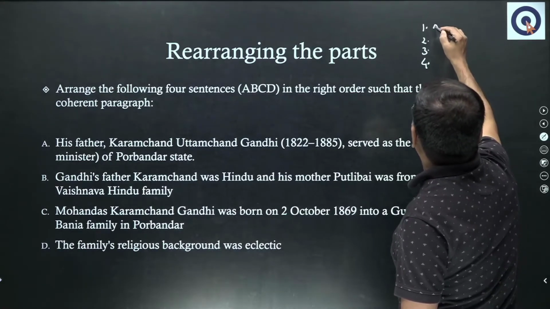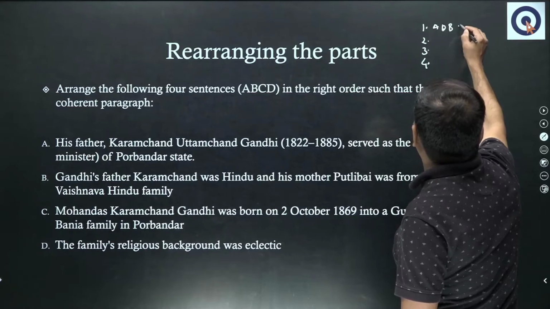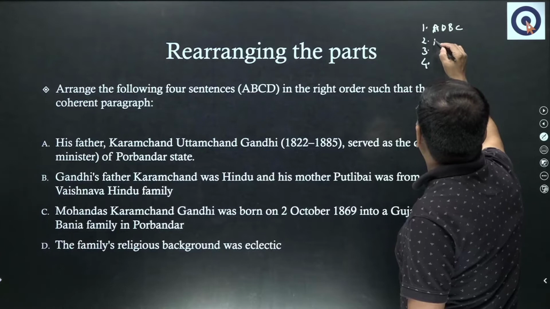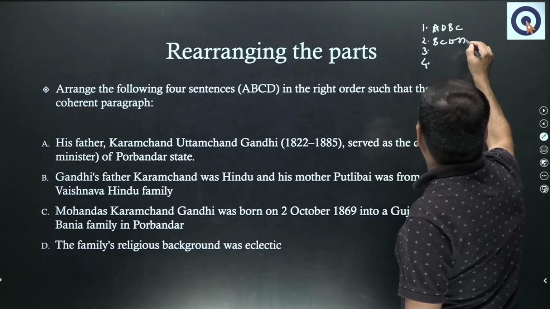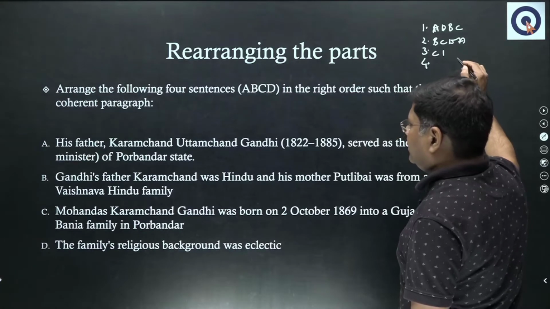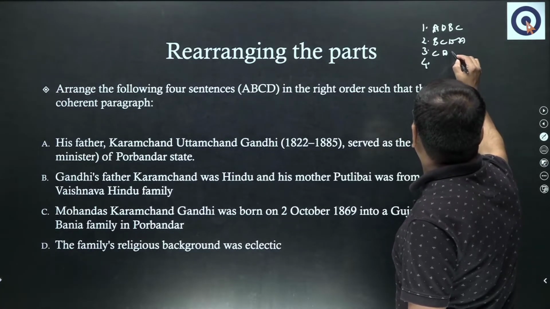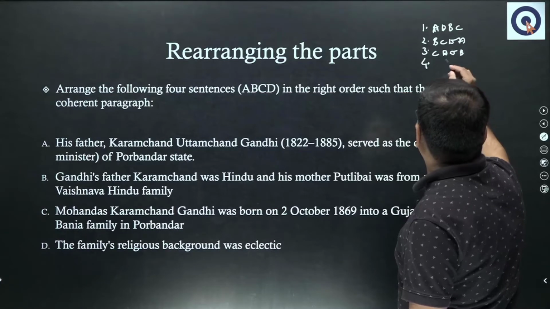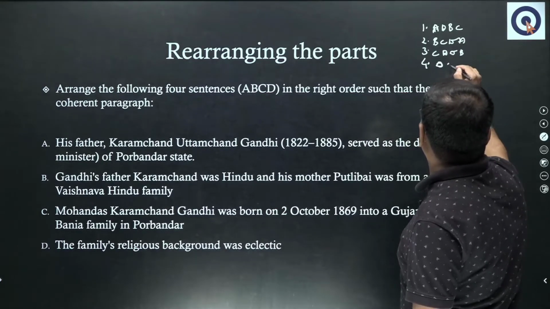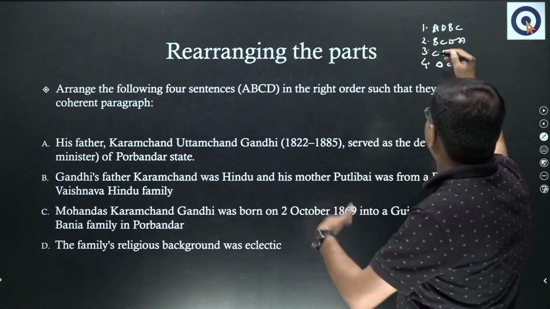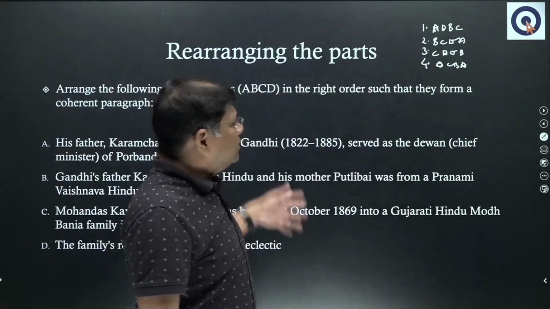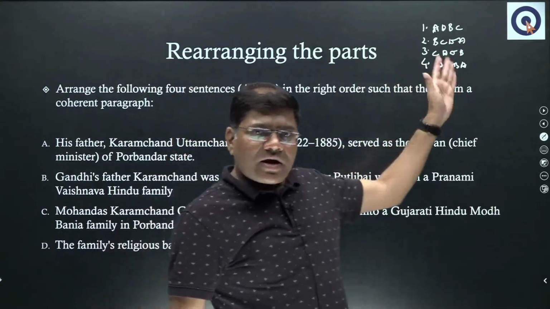One will say, let's have A, D, B, C. 2 will say B, C, D, A. 3 will say C, A, D, B, and then you might have, let's say, D, C, B, A. So the writing is not good, but usually this is how the options are. And you have to pick the one that is arranging the sentences in the right order.